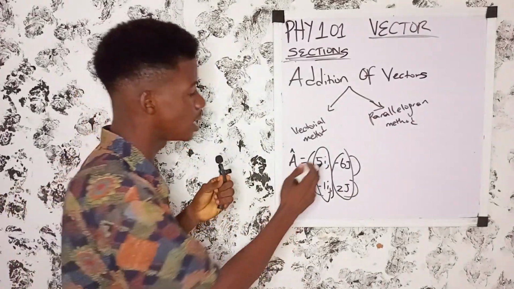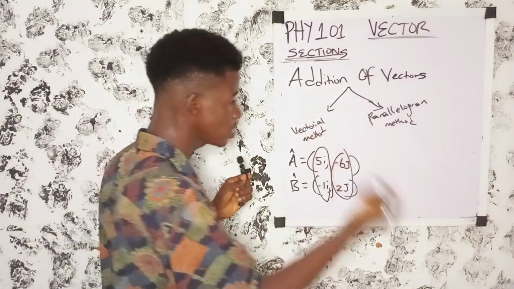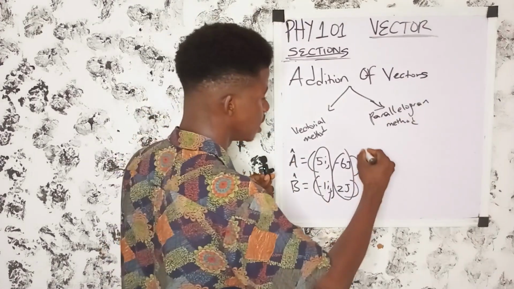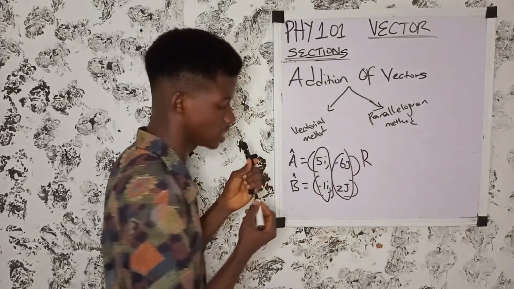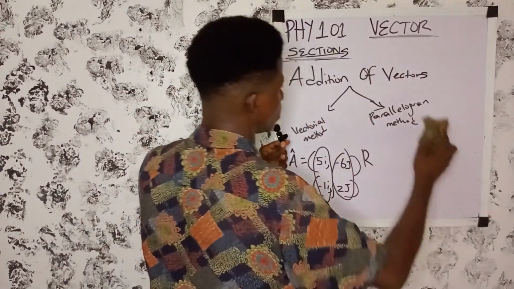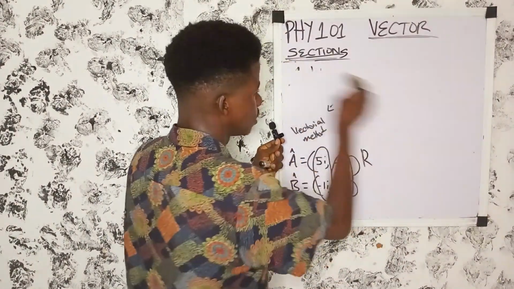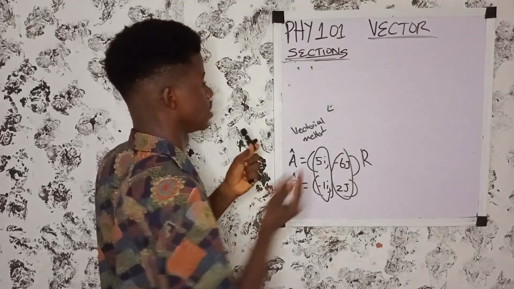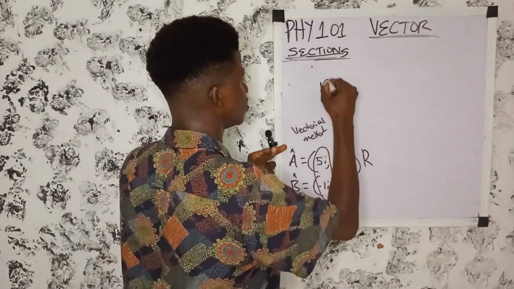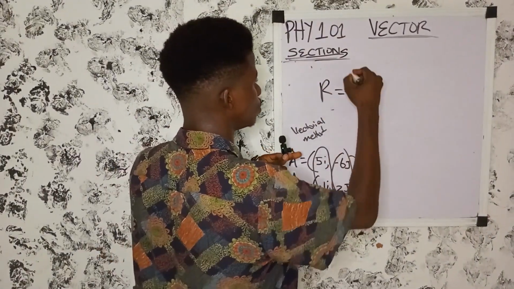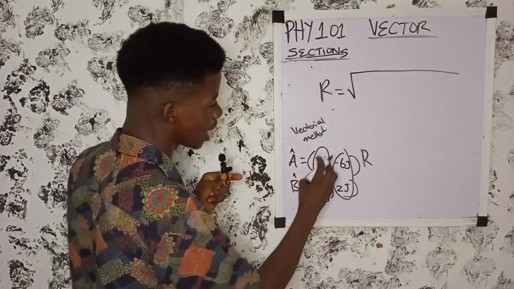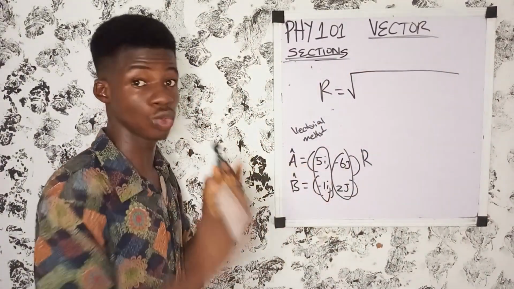Now let's add these together. You can say the resultant is equal to root. You add these two together, then you take the square.